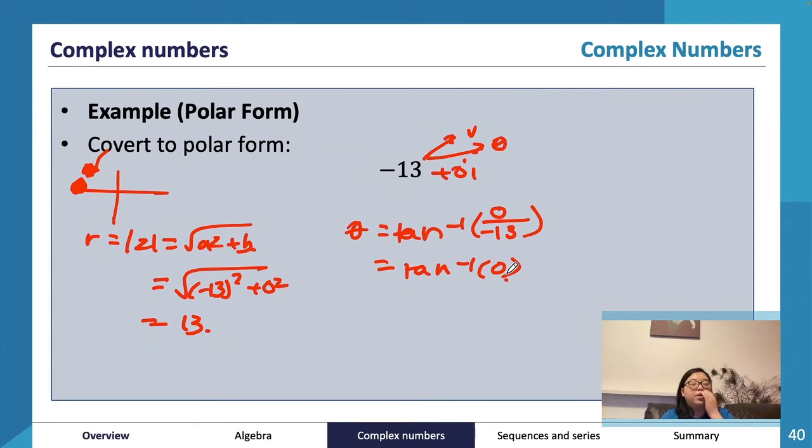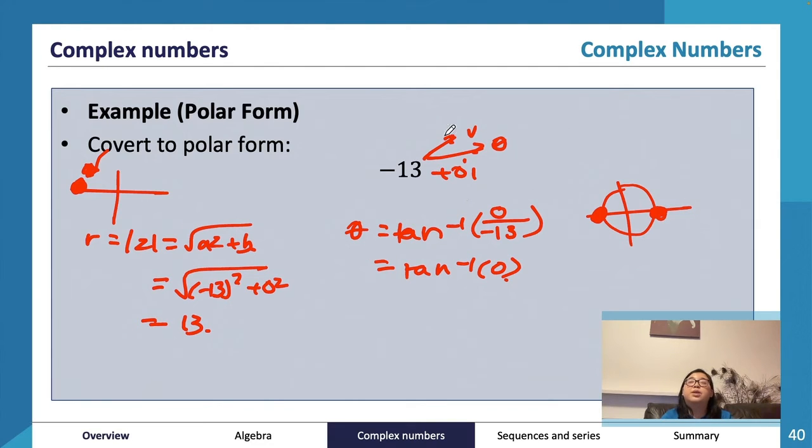And we think to ourselves, okay, when does tan equal 0 in terms of our unit circle? That will mean that the sine equals 0, so it must be along this axis. So it could either be here or it could be here, right?